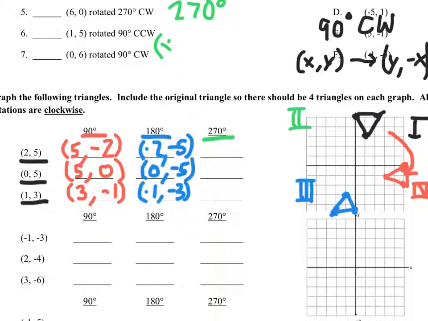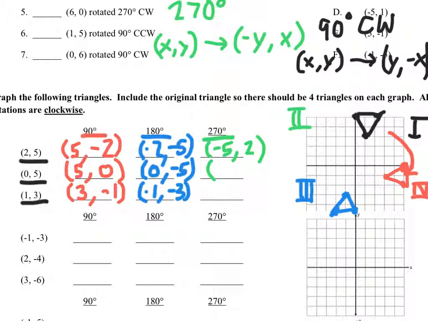Take your original x and y value and it maps it to the opposite of y, comma, x. So what that means is our new x value is going to be the opposite of what our old y value was. In this case, our old y value was 5, so our new x value is -5. And our new y value is going to be the same as what our x value was. Our x value was 2, so our new y value is 2.